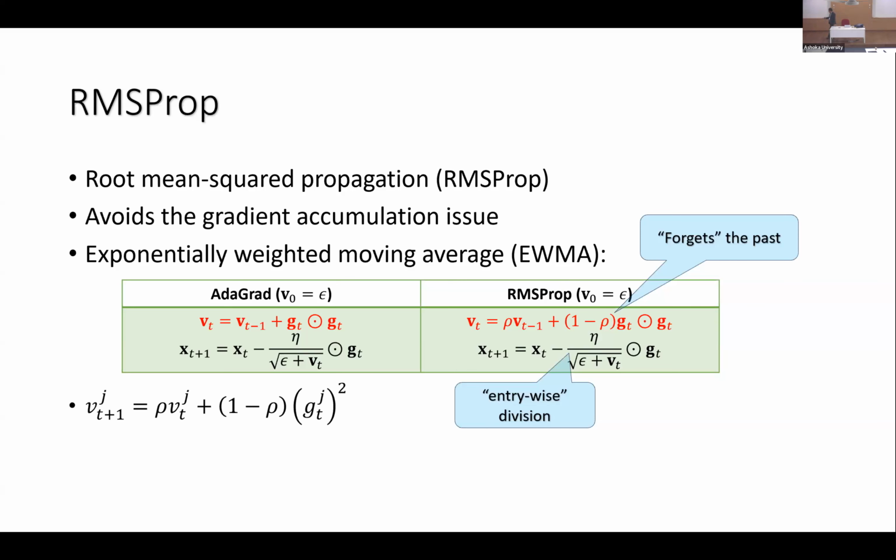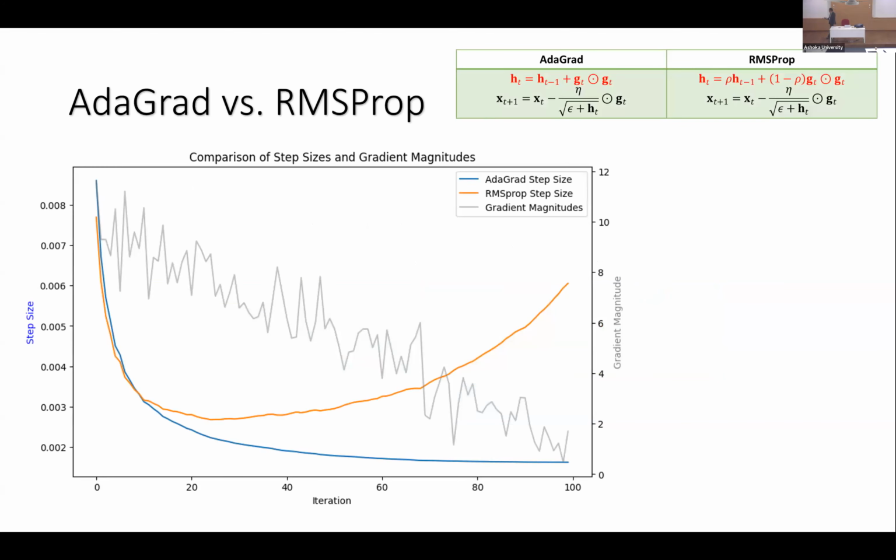So this is how this would look, and you can accumulate it and see that the impact of G0 J becomes less and less as T goes on. So here, this is showing the step size.